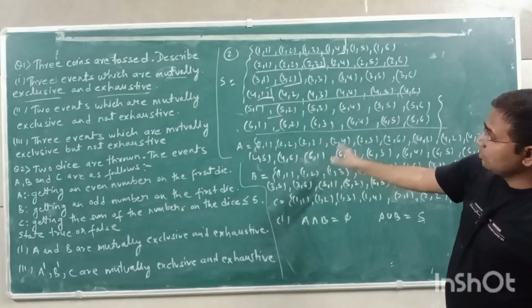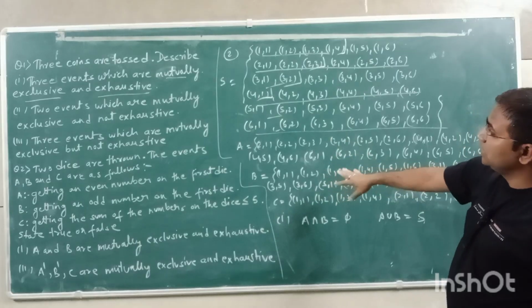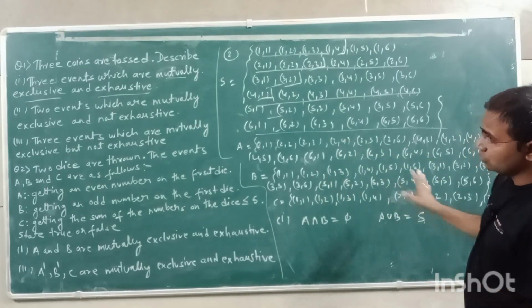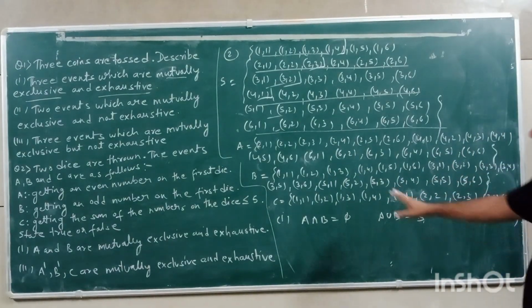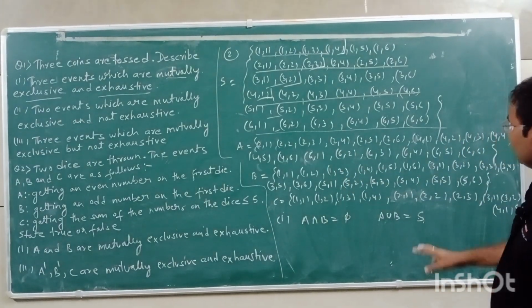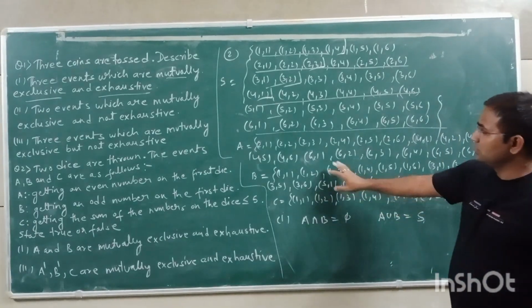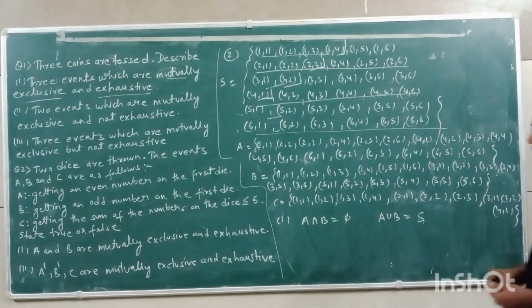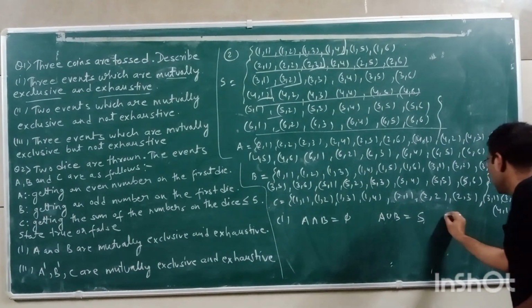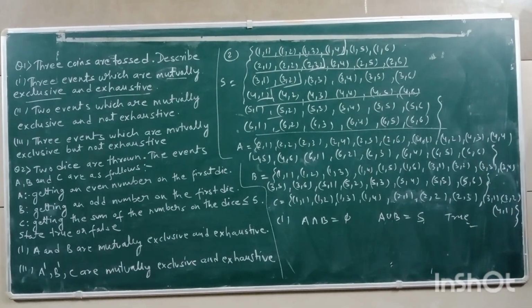Getting an even number on the first die, and B is getting an odd number on the first die. It means both are mutually exclusive. If you take the intersection of both, you will get no common element. Now, if you take A union B, then you will get the whole sample space. So it means it is true.